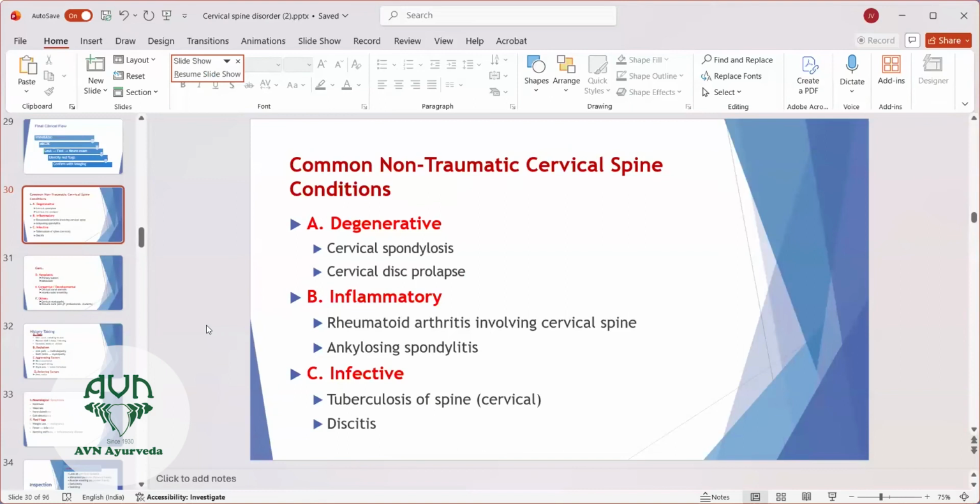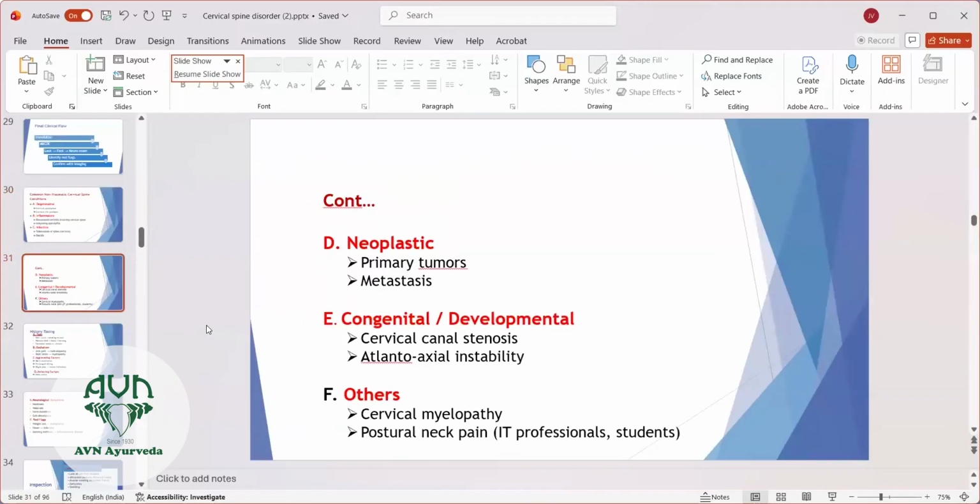Inflammatory conditions we usually meet are rheumatoid arthritis involving the cervical spine and ankylosing spondylitis. Infective conditions are like tuberculosis of the spine and discitis. The neoplastic conditions we usually see at the cervical spine are primarily tumors and metastasis.